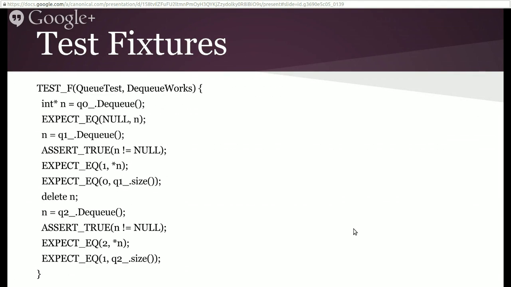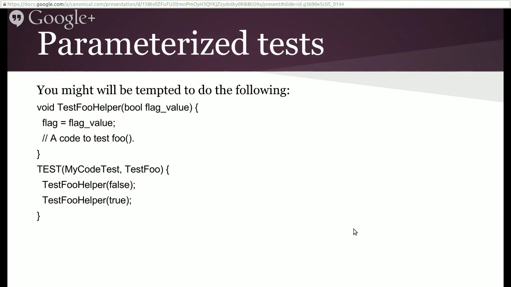So it would be ideal to have parameters. So you might be tempted to do the following, which is writing a method, which we're going to call a helper, and then within our test method, within the macro, we're going to be calling that helper several times in different ways. And that's not the way to do it.